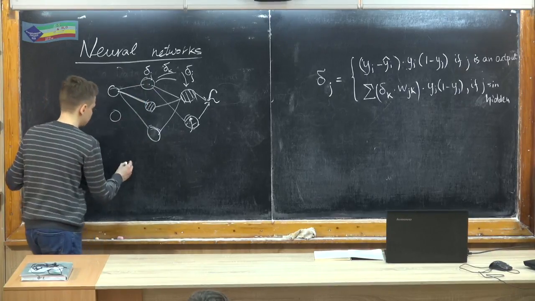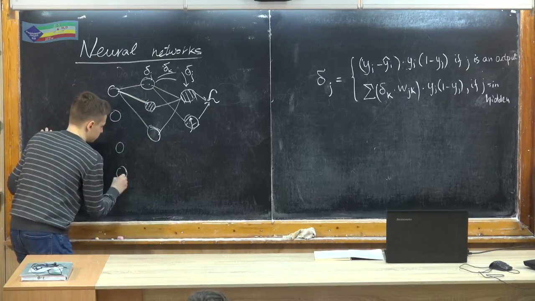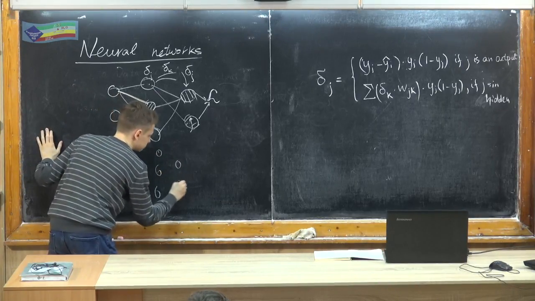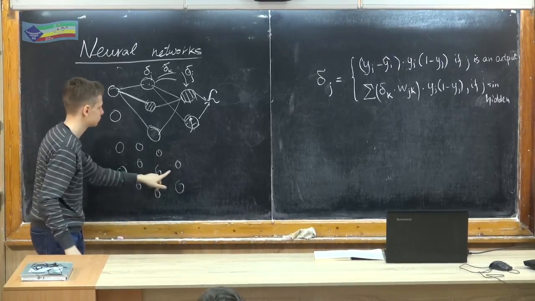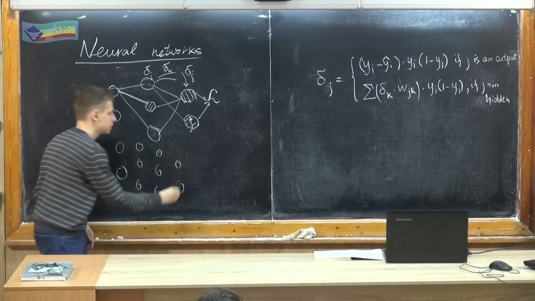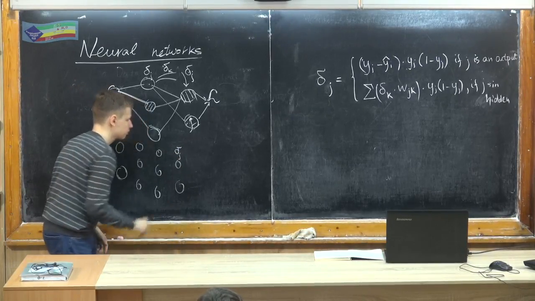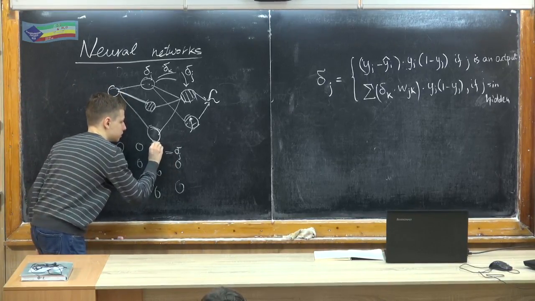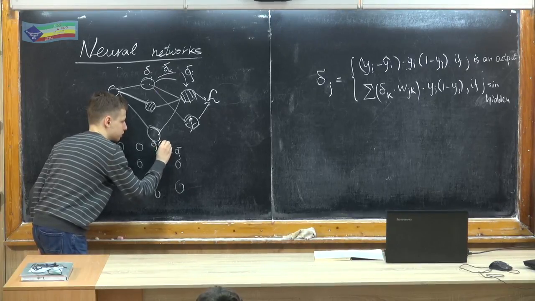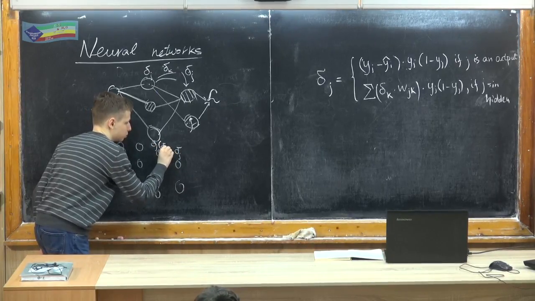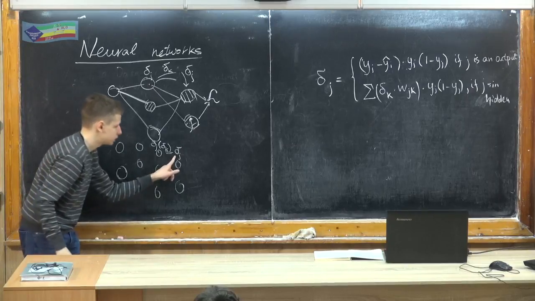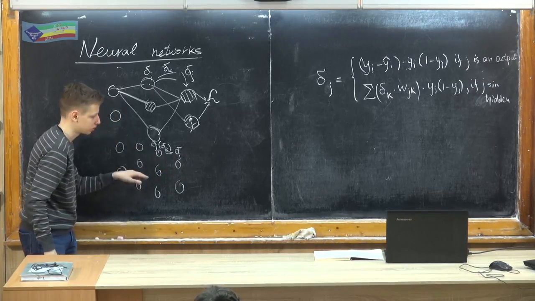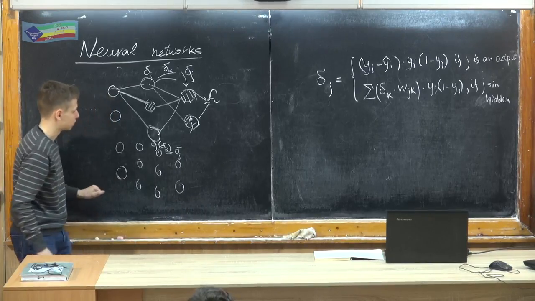For example, we have two hidden layers. In that case, we calculate delta j. Then we use this to calculate a new delta j, which will depend on the previous delta j, or delta k. So this delta j becomes delta k for the next layer, or previous layer if we are considering this direction.